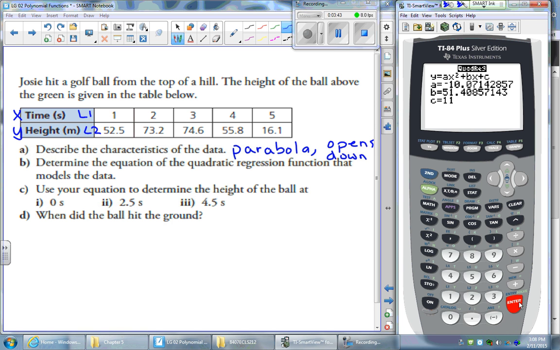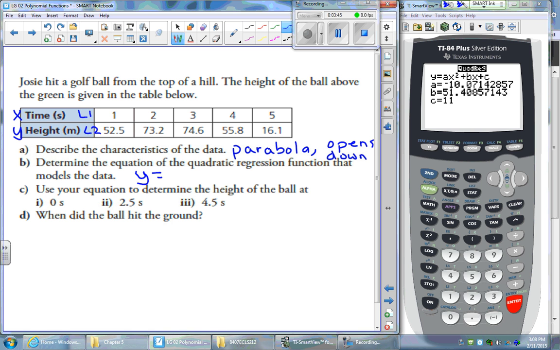The equation of our function is y equals negative 10.07 x squared plus 51.41 x plus 11, keeping 2 decimal places. Now it's asking us to use our equation to determine the height of the ball at 0 seconds, at 2.5 seconds, and at 4.5 seconds.